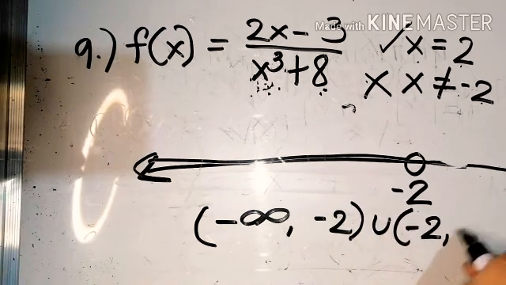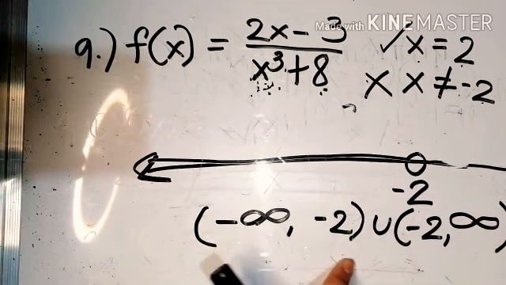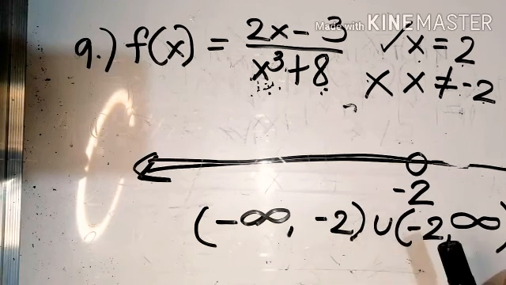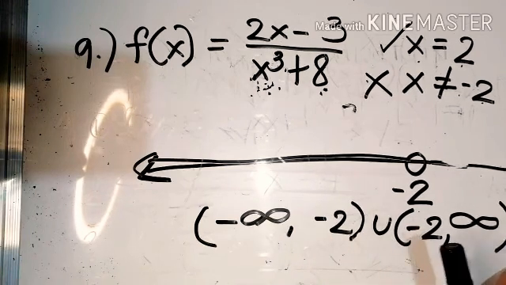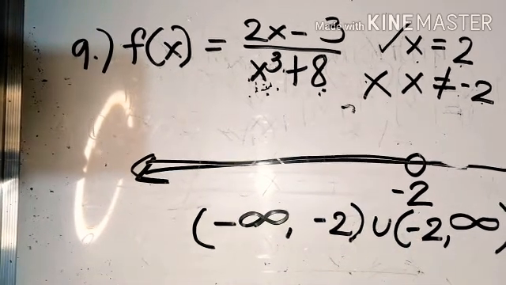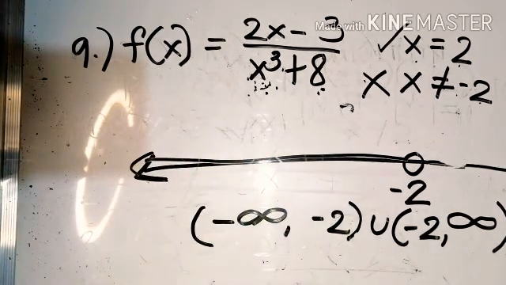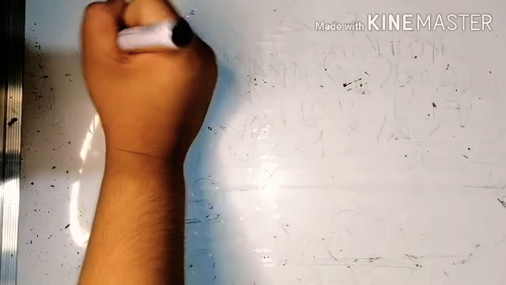Maliban sa negative 2. So, except negative 2, kaya siya ay parenthesis. So, negative infinity to negative 2, union of negative 2 to positive infinity. Except lang nga ay yung negative 2 na number. Pwede kahit ano, maliban sa negative 2. How are we going to write the domain here?